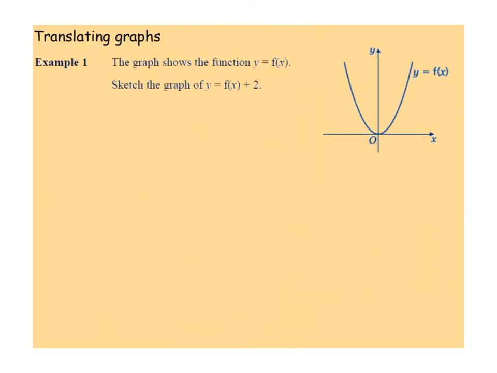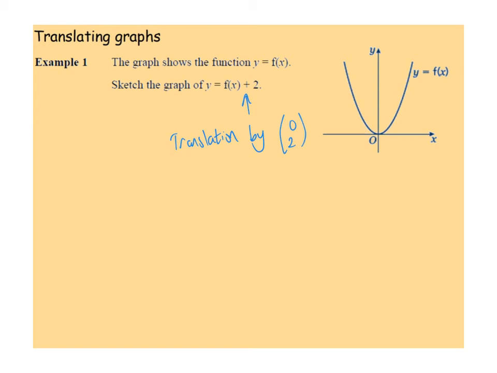So the graph shows you the function y equals f of x, and they would like the graph of y equals f of x add 2. So from what I said on the key point on the previous page, this is a translation by the vector (0, 2), and so that's going to move the original graph up by 2 places.